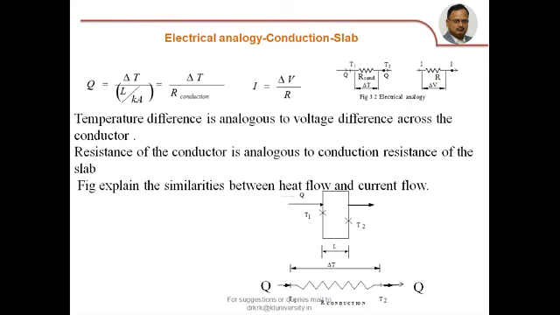Let us start with conduction resistance. We know that according to the Fourier law of conduction, the heat transfer through a wall of length L, which is subjected to a temperature difference delta T, is given by Q equal to Ka (T1 minus T2) by L. That expression is rewritten like this: Q is equal to delta T divided by L by Ka.